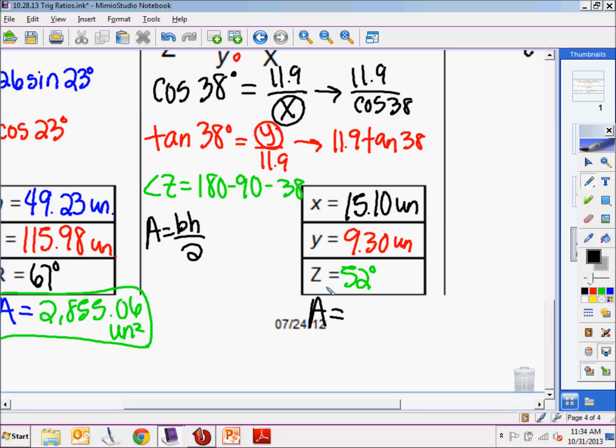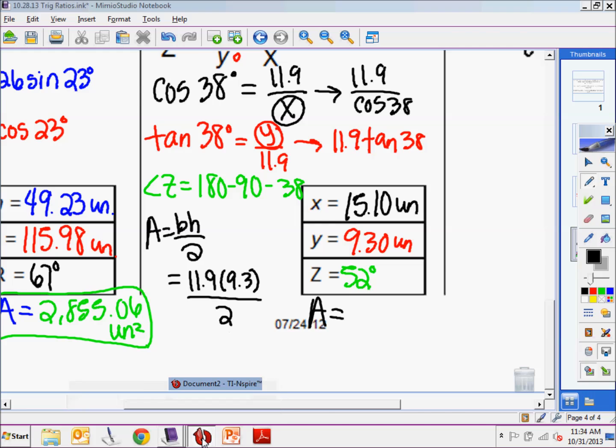All right. So what do we do? What was my base and what was my height? Your height was 11.9, and your base was 9.30. There you go. Remember, it's the two lines that are perpendicular to one another. Okay?